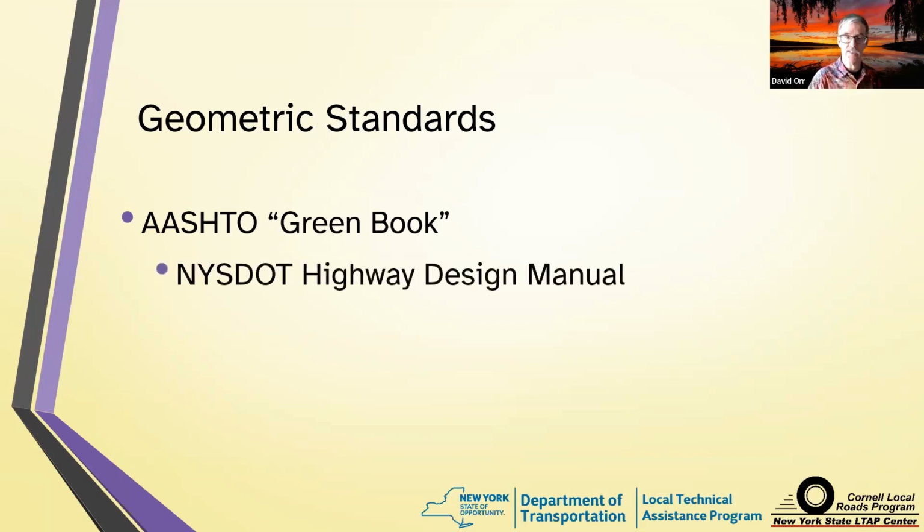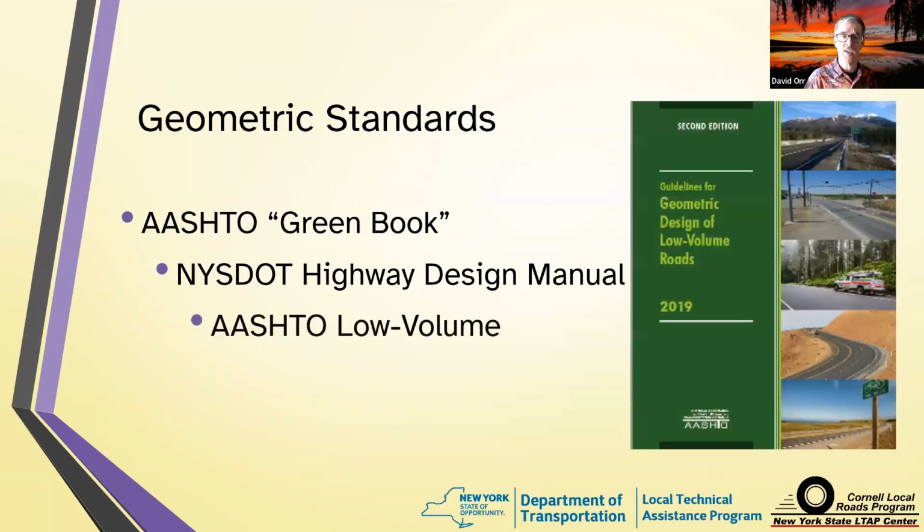There's the New York State Highway Design Manual, which essentially uses the AASHTO Green Book as a starting point with some minor modifications that make sense in the climate and conditions of New York. AASHTO does have a low volume road standard that was updated about 5-6 years ago. You could develop your own geometric standards, but the reality is that you really want to use somebody else's for a variety of reasons, not the least of which is there's good liability protection in using somebody else's standards.